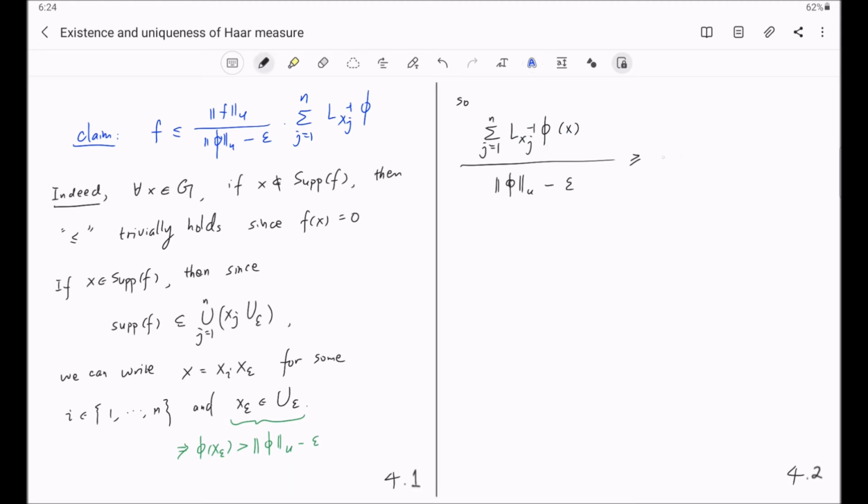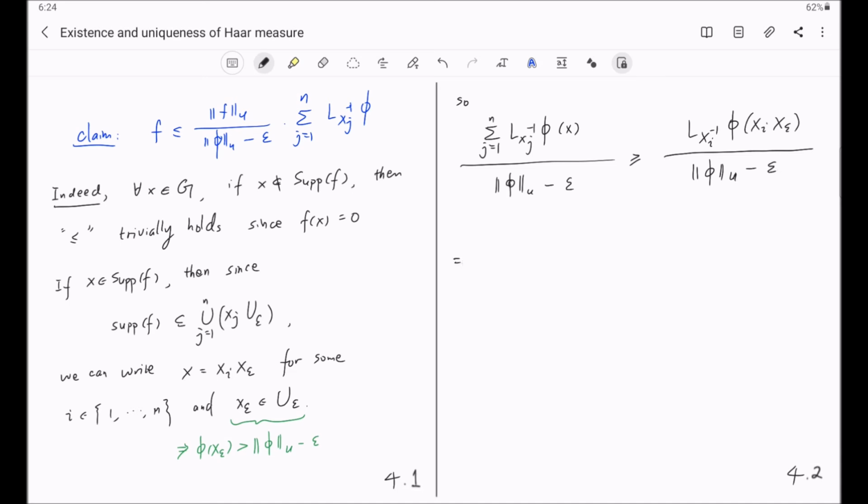So this is greater than or equal to L sub xi inverse applied to phi acting on x sub i times x sub epsilon, again divided by the supremum norm of phi minus epsilon.